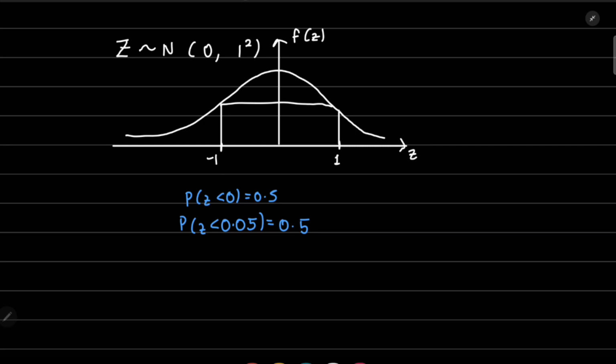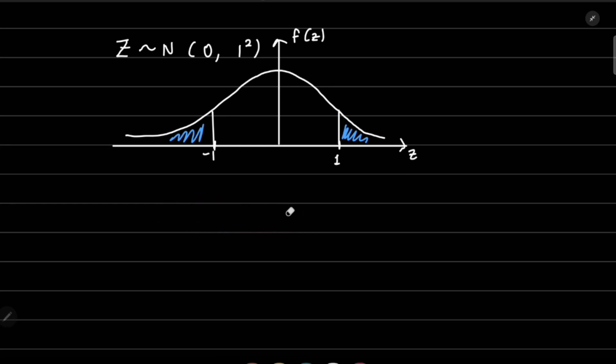So at the same height, this will be slightly over here. This will be -1. The area on its right and the area on this side, they will both be equal.